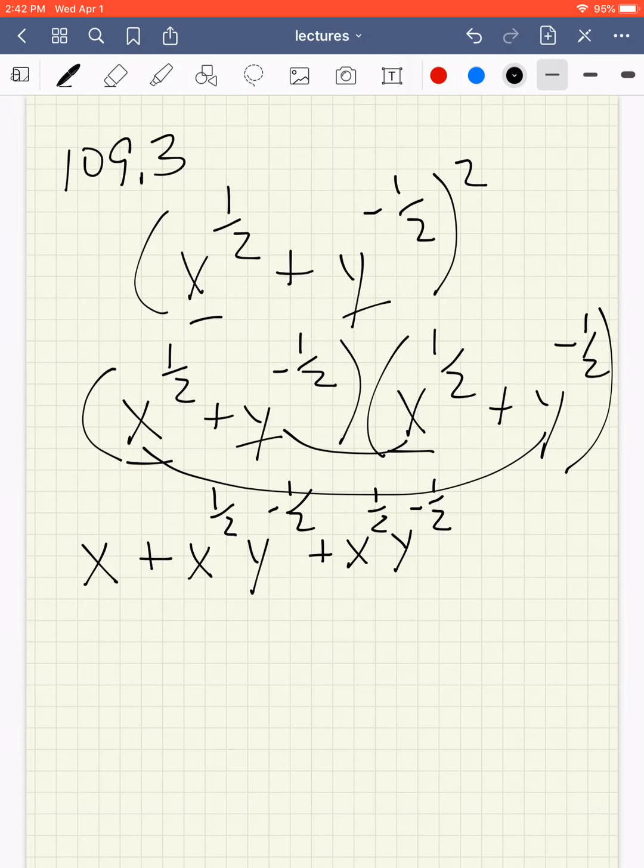And then the last is plus y to the negative 1/2 plus negative 1/2 is what? Minus 1/2 is minus 2/2 or minus 1. So that exponent is a negative 1.